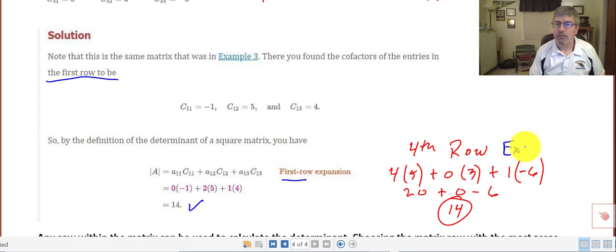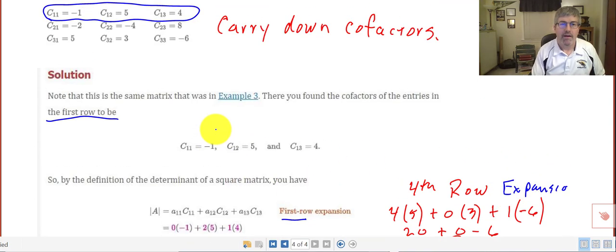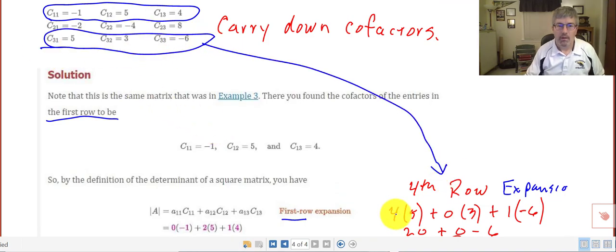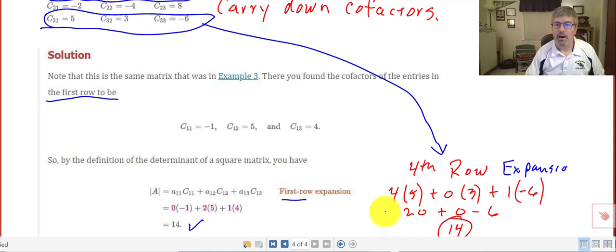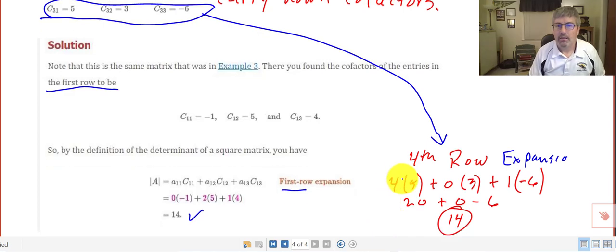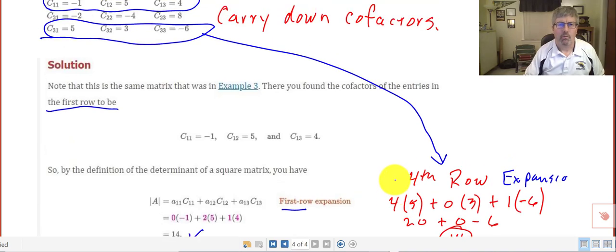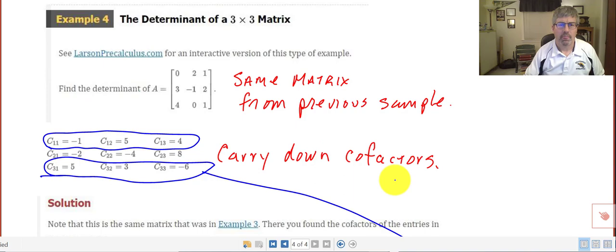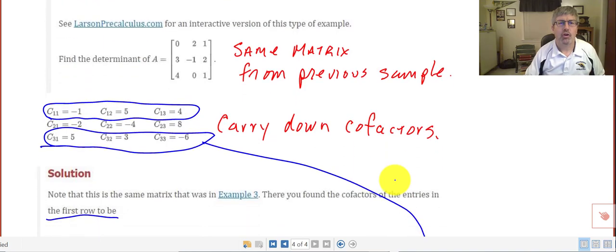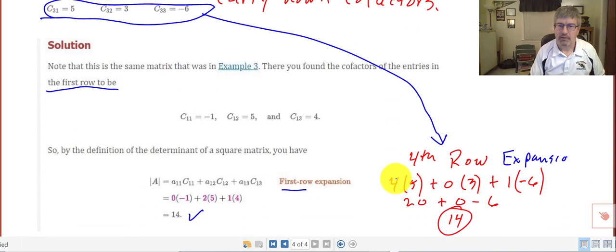If we did a fourth row expansion, then I would grab my cofactors from the fourth row, and multiply them by the entries from our matrix of the fourth row, or pardon me, why do I have 4 rows? I guess that would be a third row expansion.